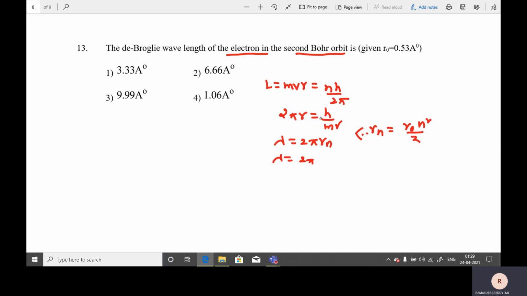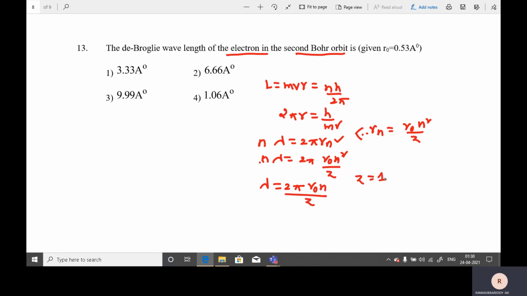Lambda is equal to 2 pi r, h by mv, but here for the nth orbit we also get n lambda. Here we are taking Rn, that's why here also we take n for the nth one. So n lambda is equal to 2 pi Rn, Rn is equal to R0 n square by z. So one n gets cancelled. Lambda is equal to 2 pi R0 n by z.